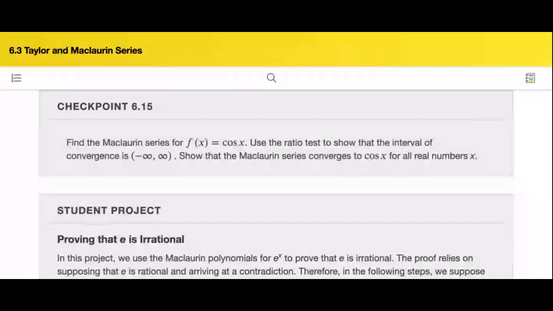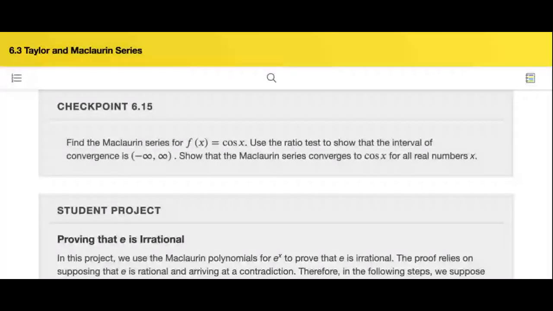Remember cosine x, let me type in the chat actually. Cosine x is just, so nth term, right?